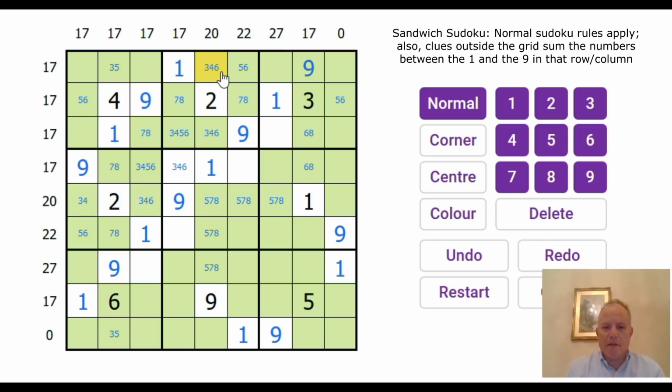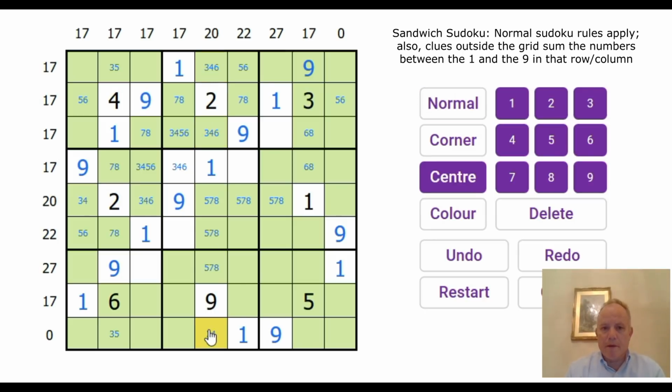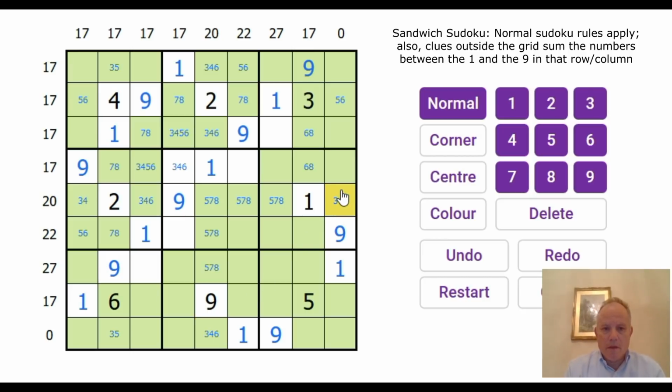But this has to be 3, 4, 6 for its column anyway, just as this one does. Now maybe we haven't used this 6, 8 pair enough. Or maybe we can make some progress on this 6, 9. We know that this is going to be made up of either 3, 8 or 7, 4, but I can't see a way to resolve it.